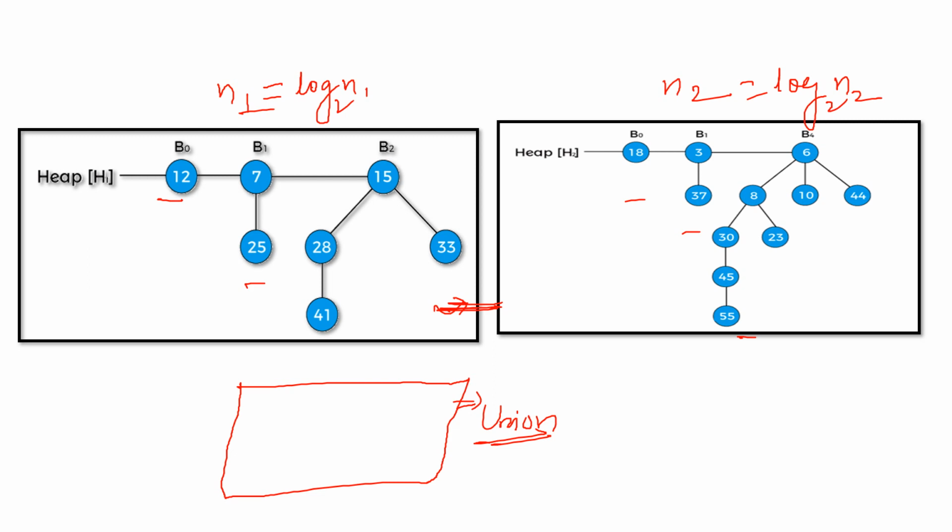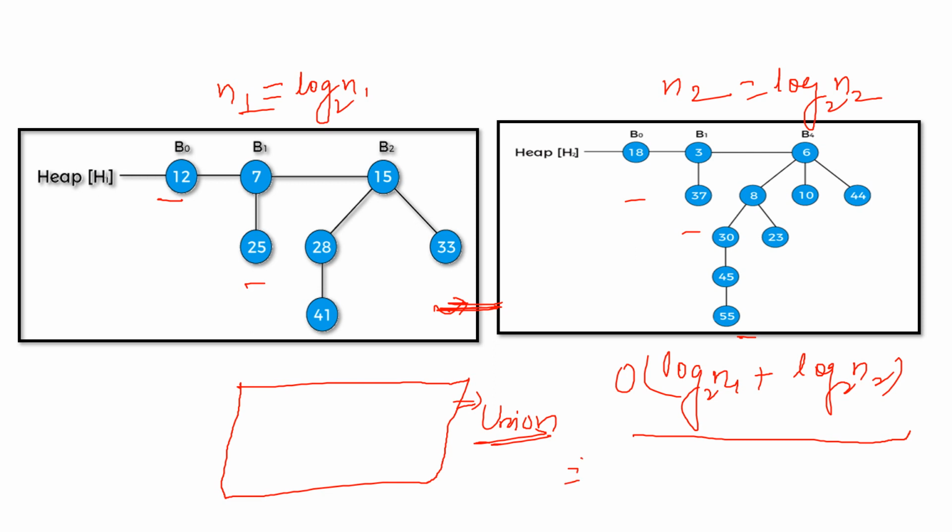So how many times are you adding? The time is order of log base 2 N1 plus log base 2 N2. This many times you take to merge these two heaps.